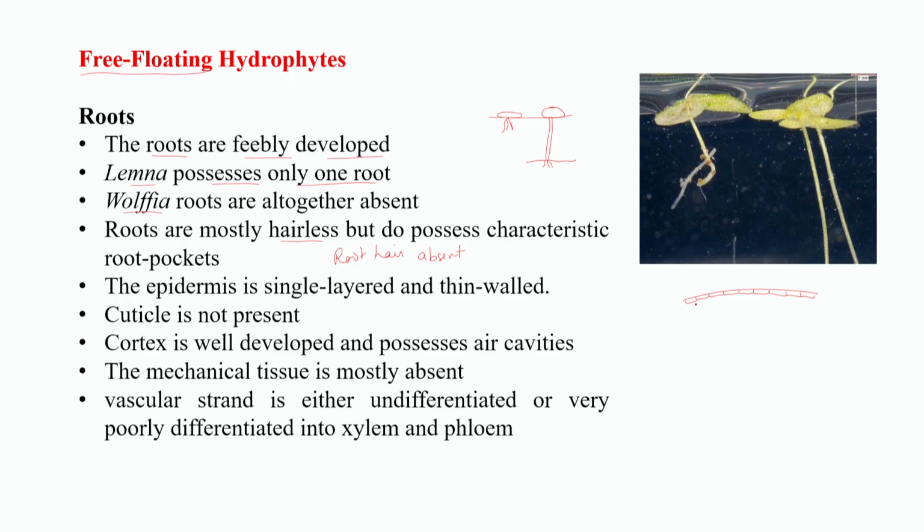Then you will see the cortex. In the outer cortex, one or two layers will have fewer intercellular spaces, whereas the rest of the cortex will be completely modified into parenchyma.